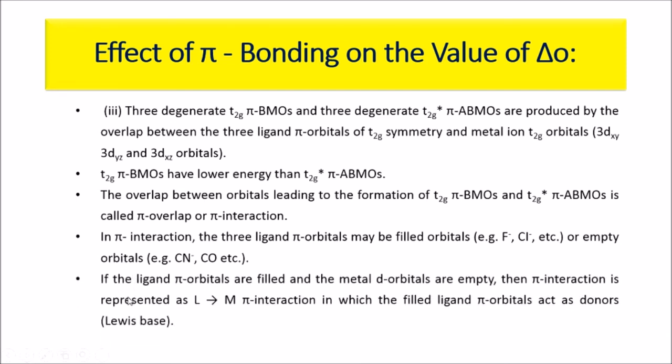If the ligand pi orbitals are filled and the metal d orbitals are empty, then the pi interaction is represented as ligand to metal pi interaction, in which the filled ligand pi orbitals act as donors and they can be branded as Lewis base. In MCQ, these are the terms which will be more useful, so you need to pay attention here, students.